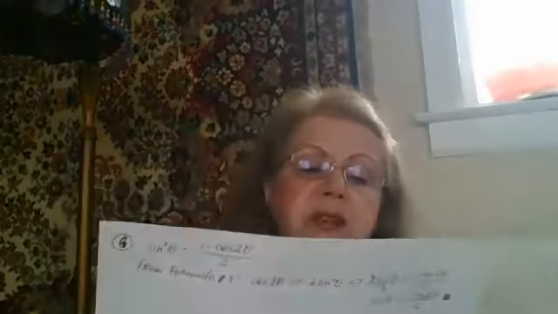This is actually a formula which already represents a half angle formula. Why? Because on the left side you see sine square of theta. On the right side, you can see cosine of 2 theta.